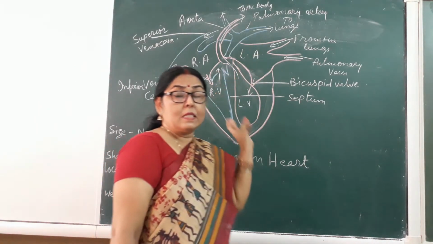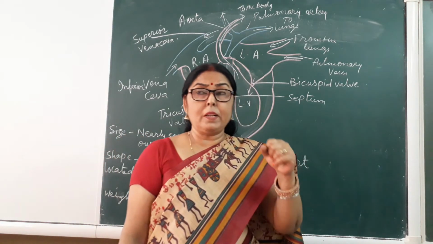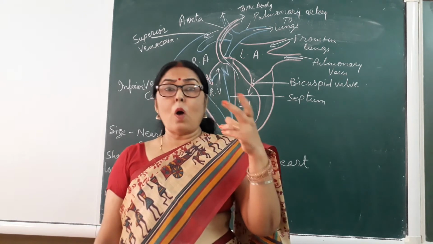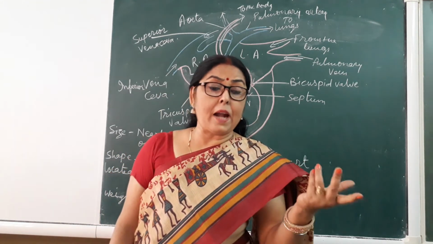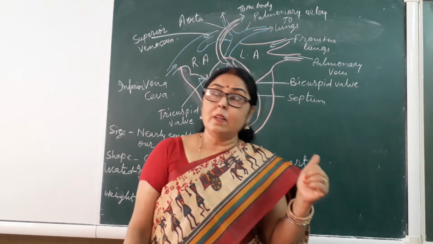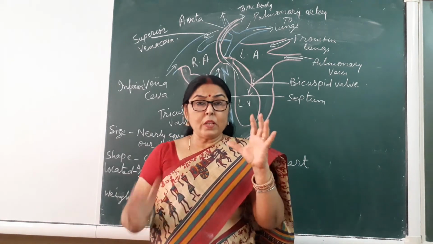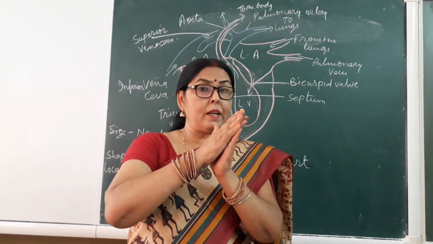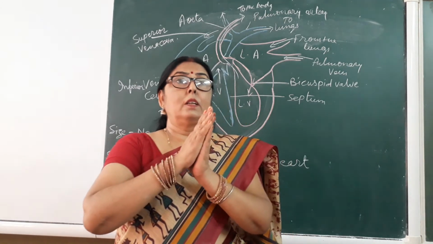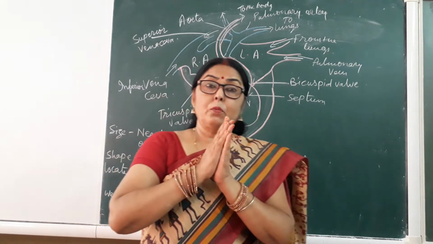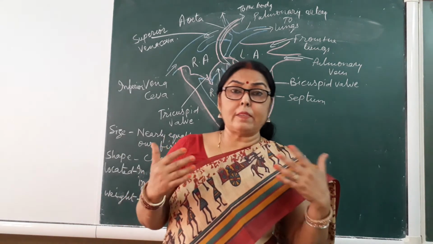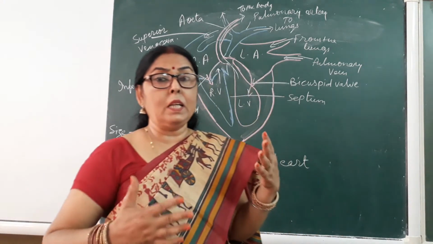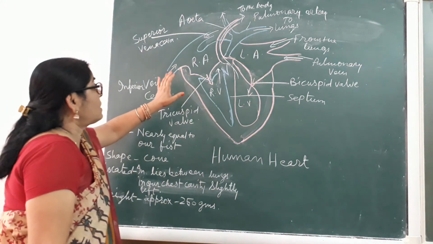The heart is surrounded by a fibrous tissue wall known as the pericardium. Inside the pericardium, between it and the heart, there is a fluid which protects our heart from any injury. So now let us start.